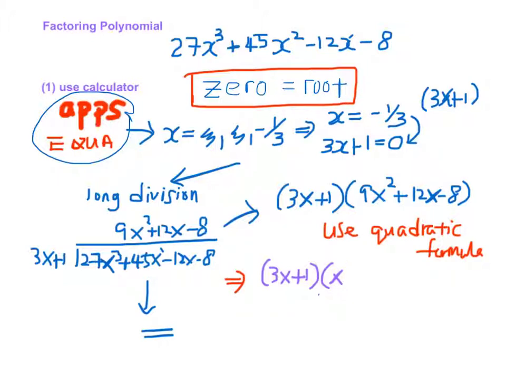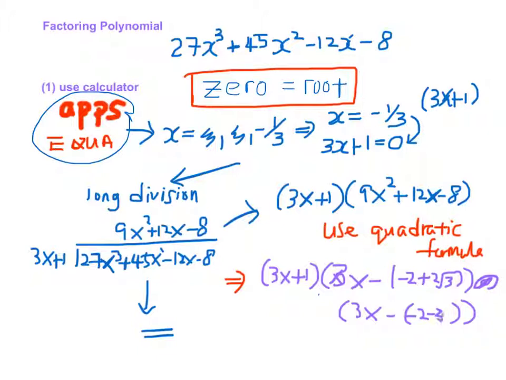So it should be 3x minus 2 plus 2 root 3, and also 3x minus, in brackets again, minus 2, but this time we subtract 2 square root of 3. So this would be how you factorize if you use the calculator.